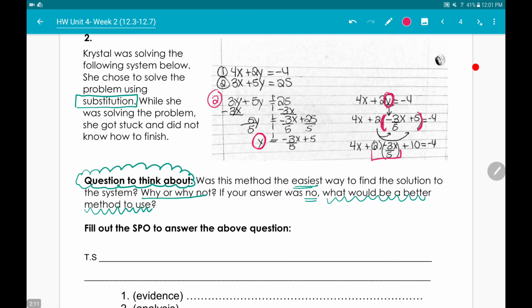So, you're going to fill out an SPO by answering the question. So, there's 2 different claims you can have. The 2 claims, so this is our claim. Okay, and there's 2 different claims you can have. Claim 1 being, yes, this is the easiest method.